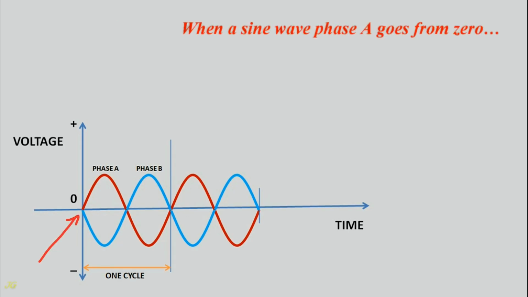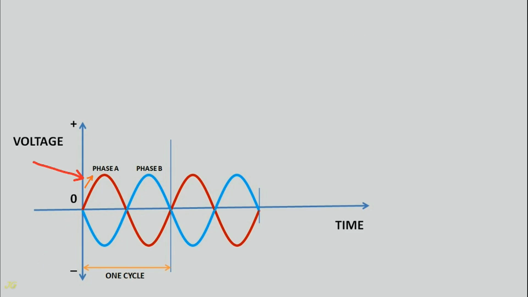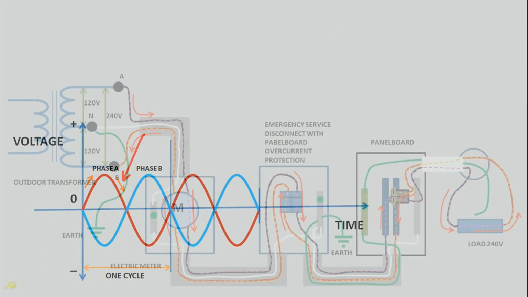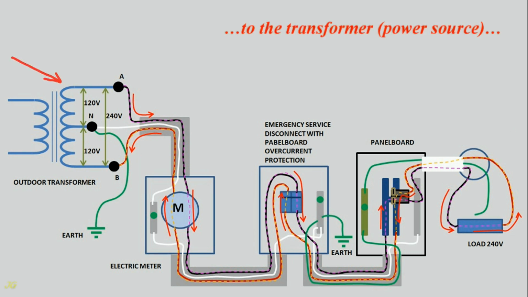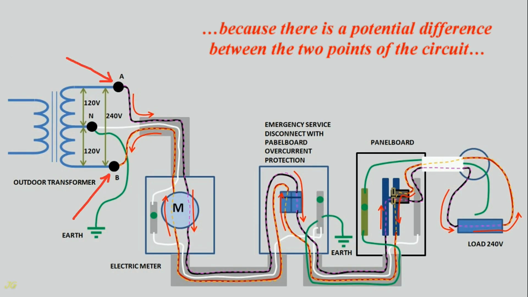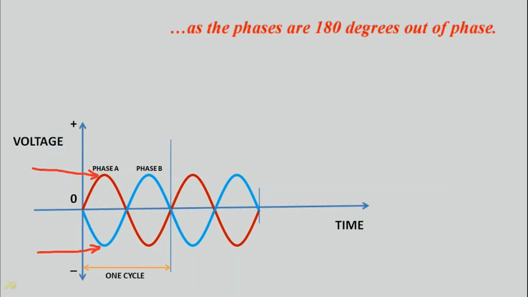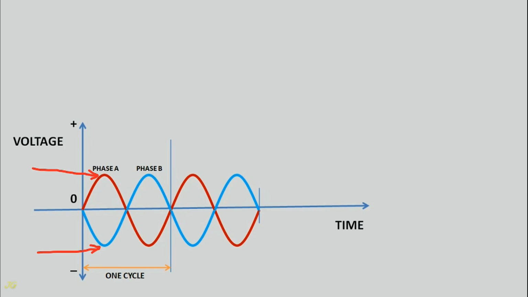When the sine wave of phase A goes from 0 to a positive peak and returns to 0, current flows from the hot phase A wire through the load and back through the other hot leg, phase B wire, to the transformer power source, because there is a potential difference between the 2 points of the circuit, as the phases are 180 degrees out of phase.